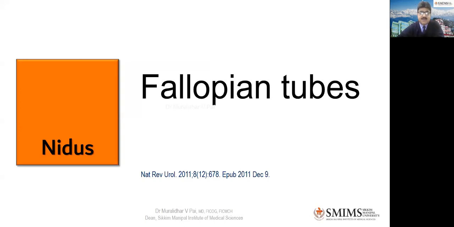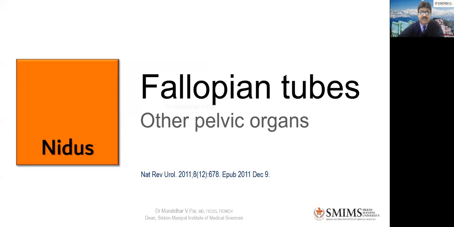Fallopian tubes is in the biggest font. Then other pelvic organs, the font is smaller and the color is gray. That means it is not so common. Peritoneum, I have further faded the color and changed the font to smallest one. So it's not so common.